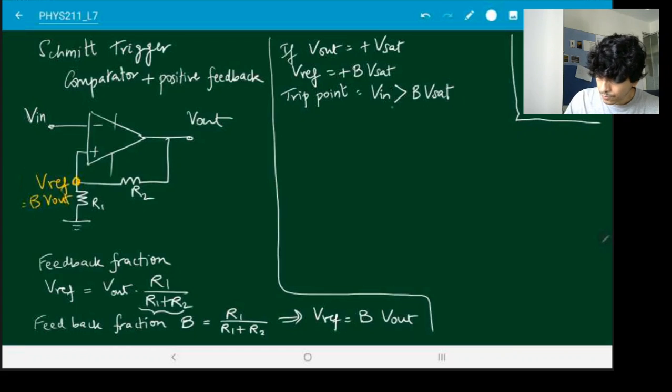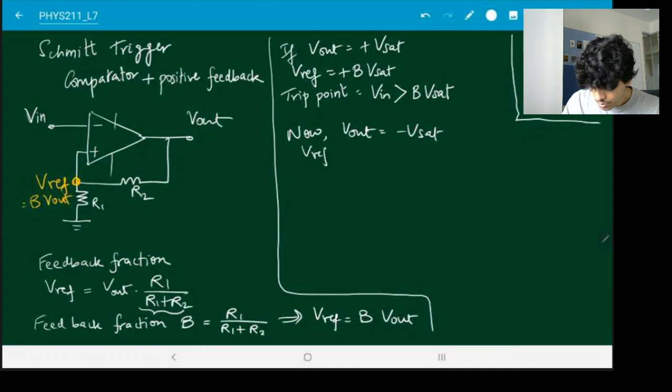Now, once Vin goes beyond B Vsat, remember Vin is at the negative terminal. So now your output switches to the negative Vsat state. So now Vout is at minus Vsat. So what happens is that the Vref has changed now. Now Vref is minus B Vsat.